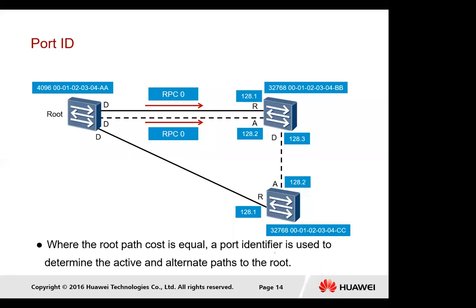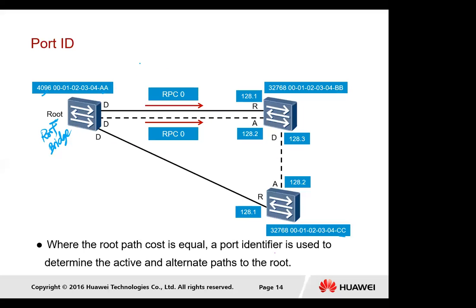So when you see from here, this is the root bridge: 04AA, 04BB, 04CC. Compare based on the priority and MAC address, this one becomes the root bridge. Everyone will agree.